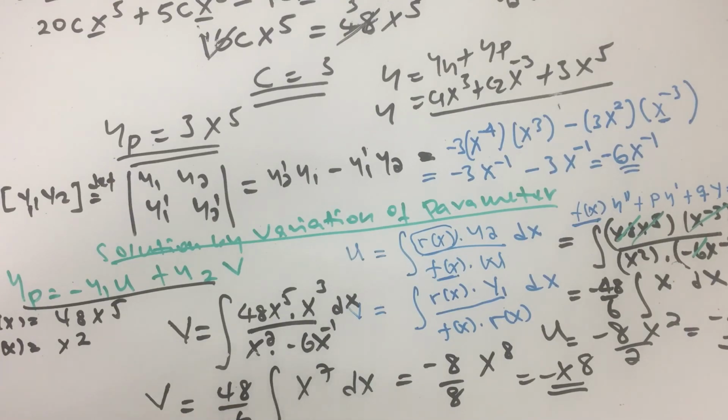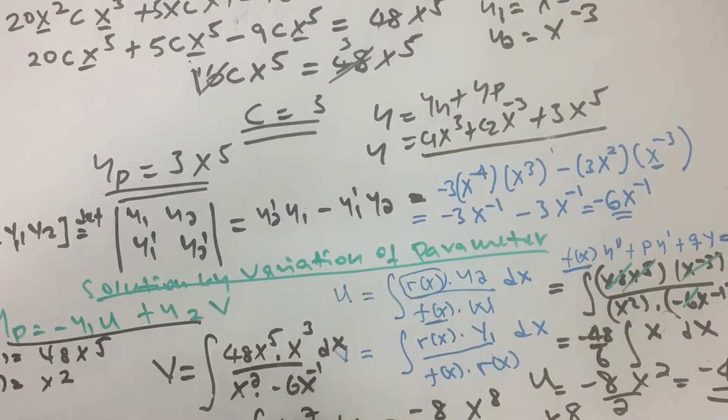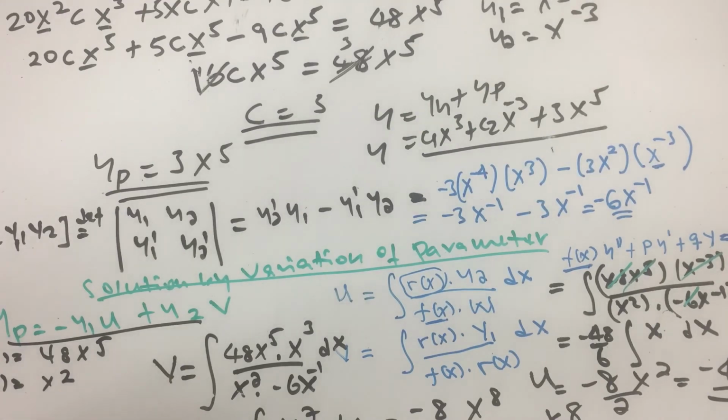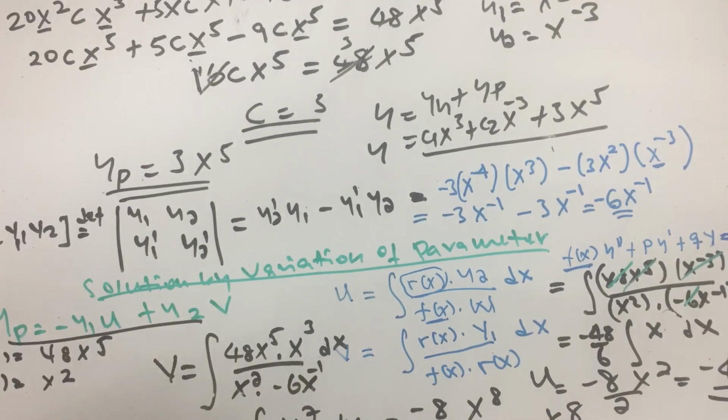Plus y2, which is x to the power of minus 3, times v, which is minus x to the power of 8.